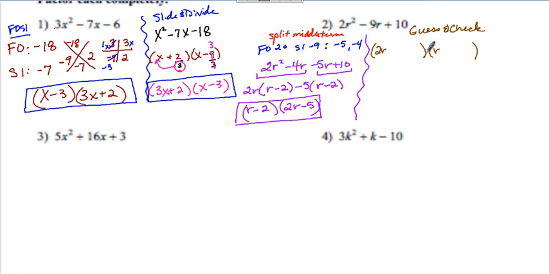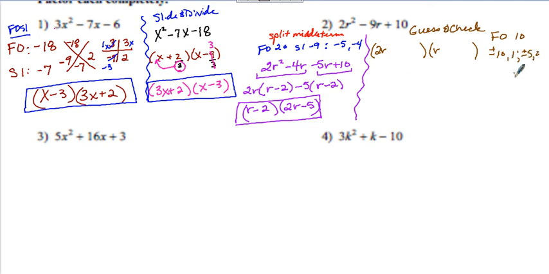So we know 2r and r had to be the beginning of these two factors when they were FOILed together. Now we think, all right, this last set of terms, the last times the lasts, needed to have been multiplied together to get 10. So we start thinking, what are factors of 10? Well, we have positive and negative 10 and 1, and we've got positive and negative 5 and 2.